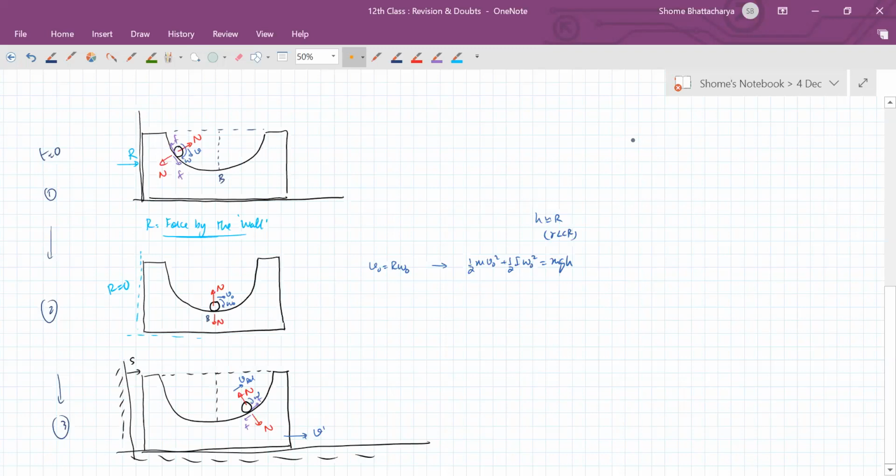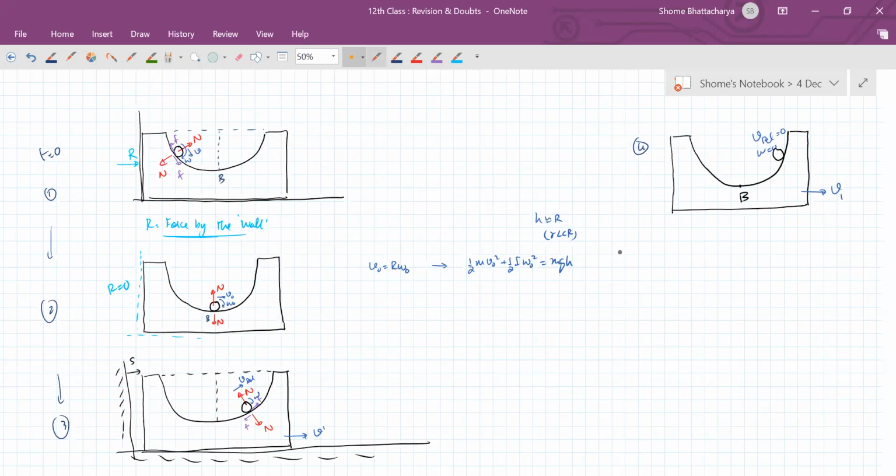Next in our set of frames, it comes to a situation where the sphere has reached the highest point on the other side after crossing the point B. When it has reached the highest point, its v relative will be 0 and its omega will be 0, whereas the wedge will be moving with some v1 at that point of time. And then it will roll back down.